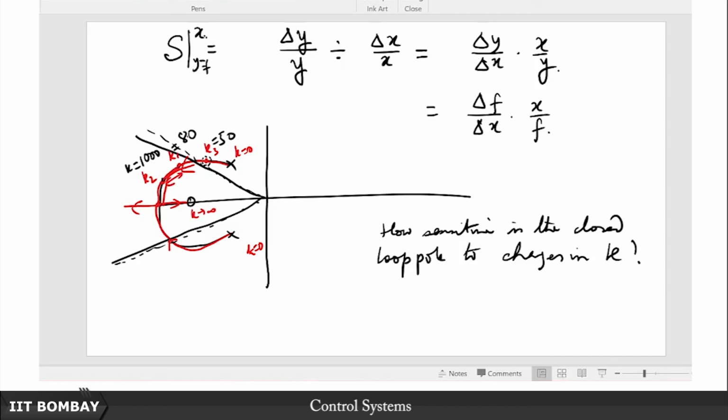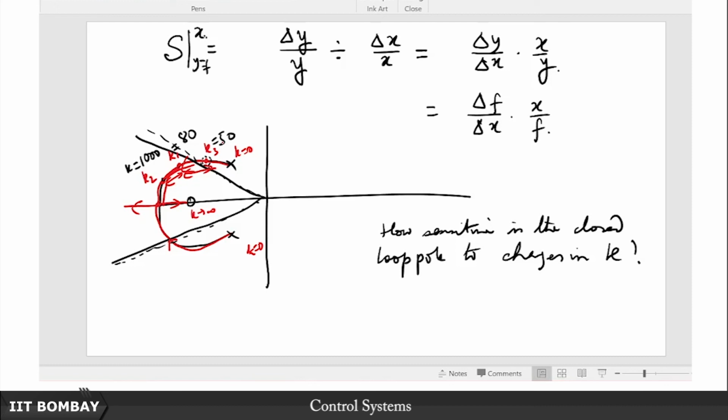So by changing this k value from 80 to 1000, you only managed to change the location of the closed loop pole by this much, but in changing the value of k from 50 to 80, you managed to effect almost an equal amount of displacement of the closed loop pole. In other words, around the value of k is equal to 50, your closed loop pole is more sensitive to changes in k than it is around the value of 80.